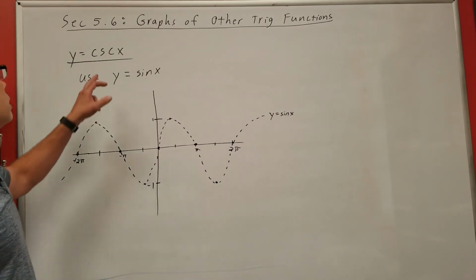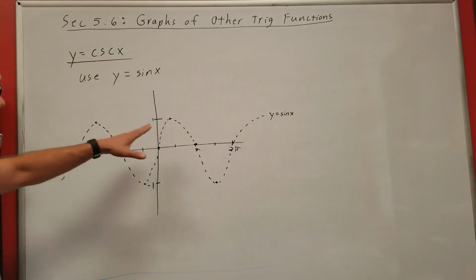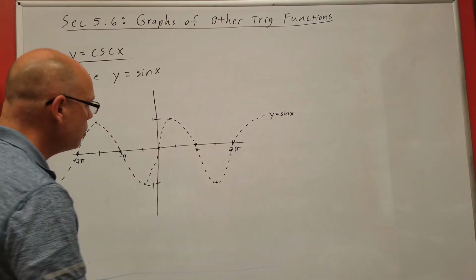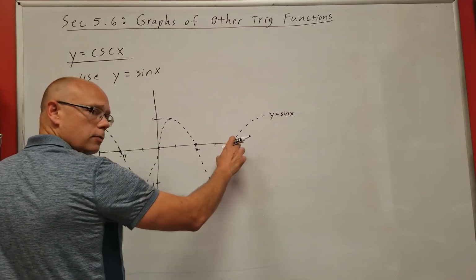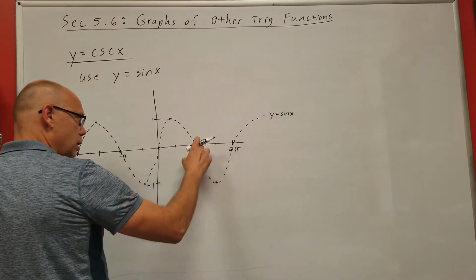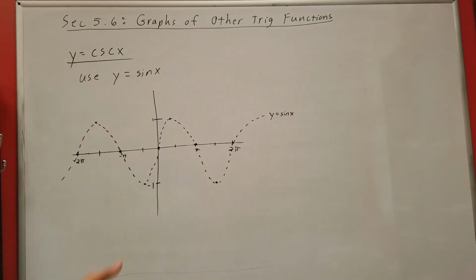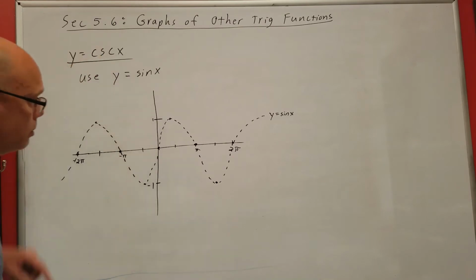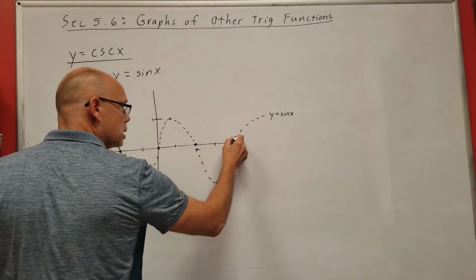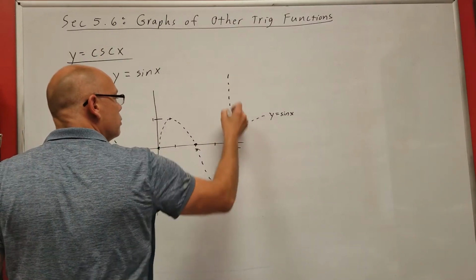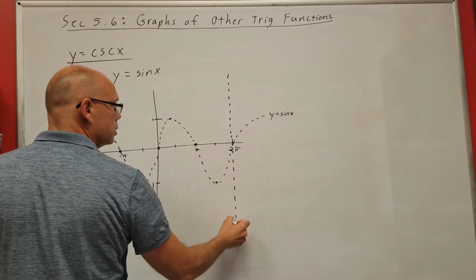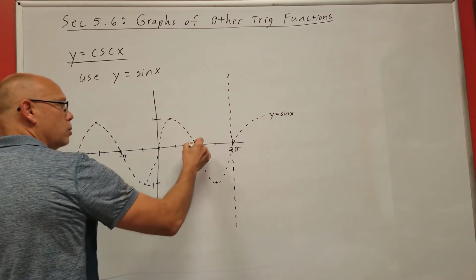Now, whenever we draw y is equal to cosecant of x, we're going to use this function here. And everywhere that we have x-intercepts for the sine, so here, here, here, here, and here, we're going to have vertical asymptotes for cosecant. So I'm going to draw those in. I'm going to draw in a vertical dashed line for a vertical asymptote.